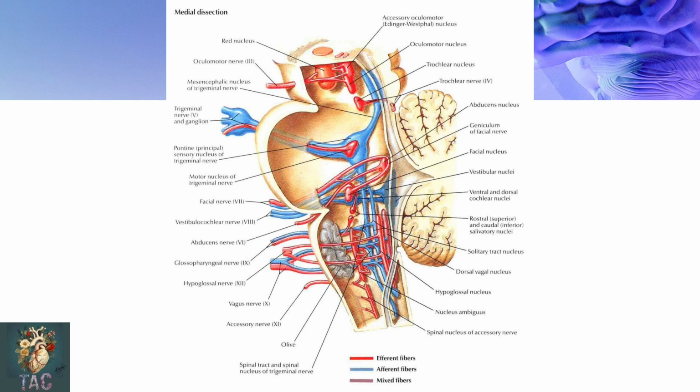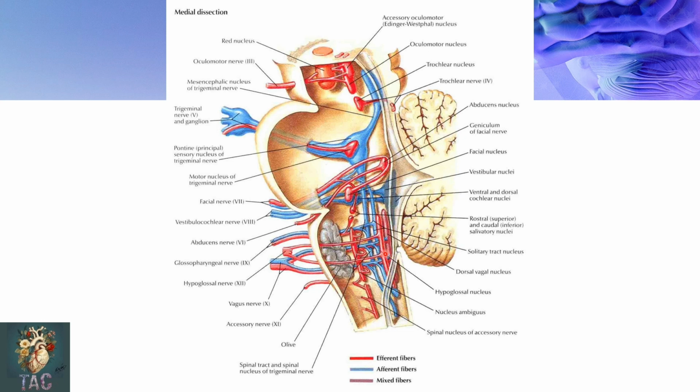Here is the nucleus of the abducent nerve, the facial nerve, then the rostral superior and inferior salivatory nuclei are present over here. Then is the nucleus ambiguus and the accessory nerve nucleus, and here you can see the dorsal nucleus of the vagus nerve and the nucleus of the hypoglossal nerve.